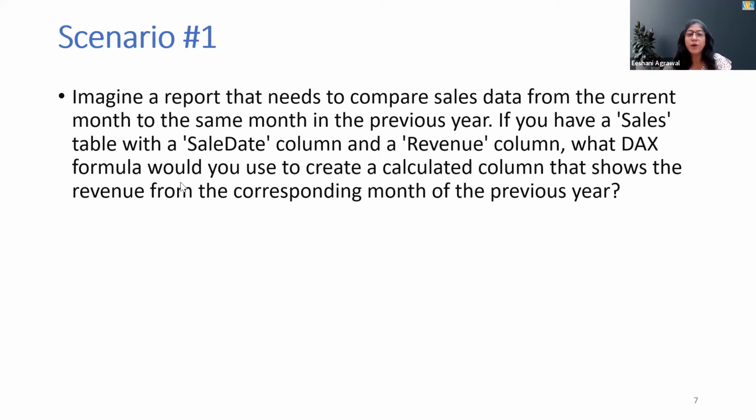So what DAX formula would you use in order to create a column, or it can be a measure, that will help you to find the revenue of the previous year? Okay. So which DAX functions would you utilize for this?